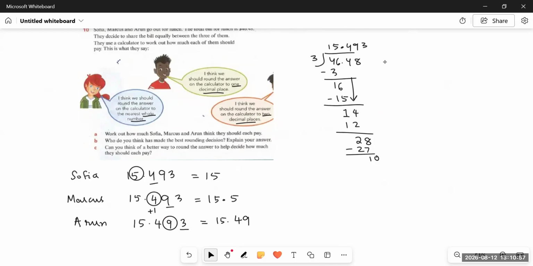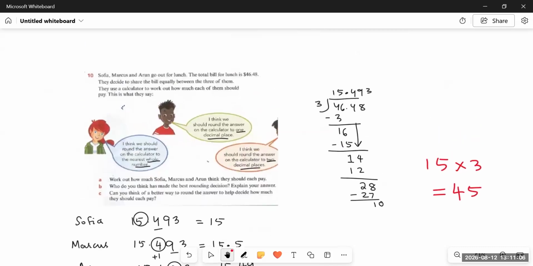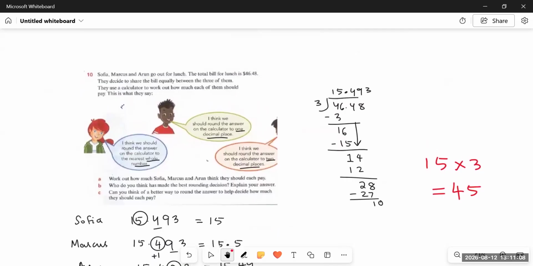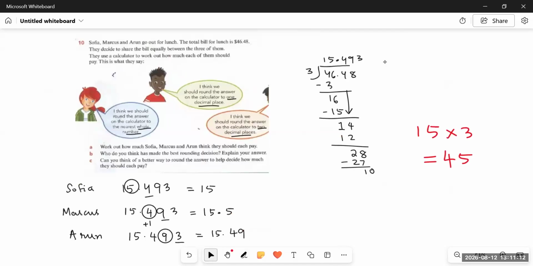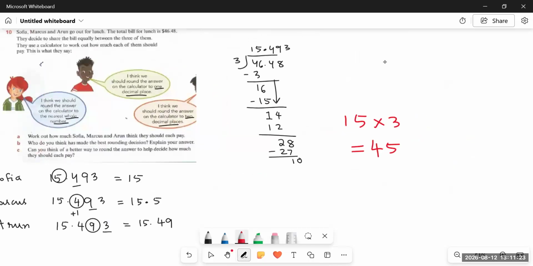If we talk about Sophia, according to her, everybody has to pay $15. And if you multiply 15 by 3, that's 45. And the original bill is more than 45. That's 46.48. So who will pay the remaining amount, 1.48? Who will pay that? If we talk about Marcus's decision, according to him, we multiply 15.5 with 3.